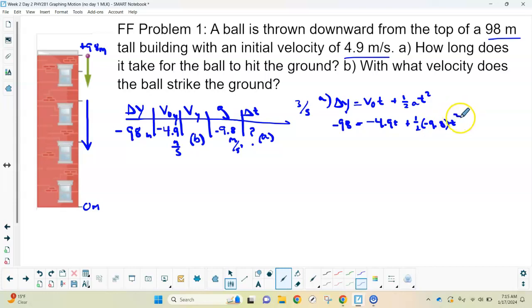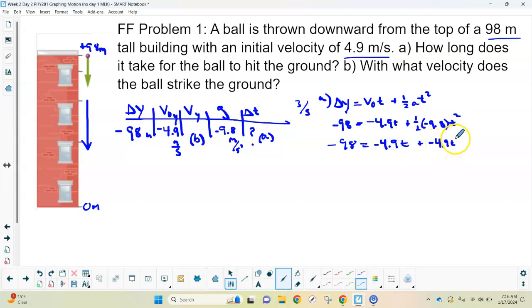So what we have here is a quadratic type expression. If I simplify this, it's negative 98 equals negative 4.9 t, and then plus half of negative 9.8, which is negative 4.9 again, t squared.